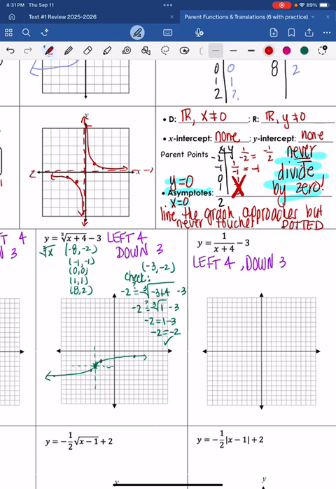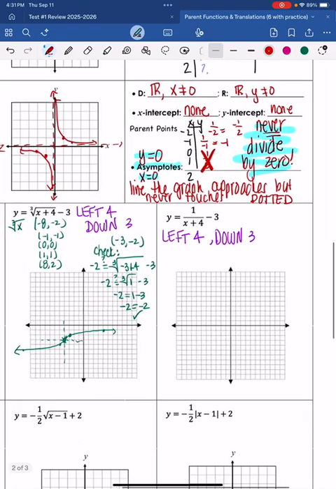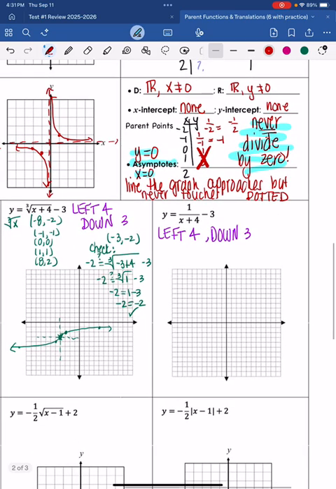So instead of moving a certain point, I'm moving my asymptotes left 4 down 3. So left 4, 1, 2, so that's going to be here. My horizontal asymptote is at negative 3.